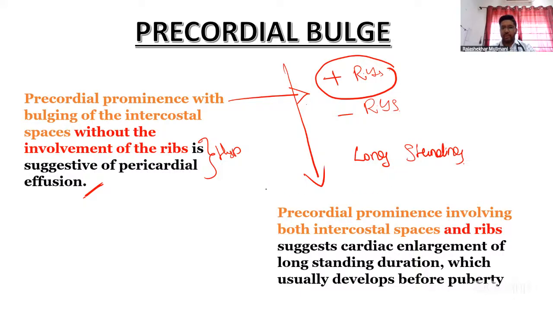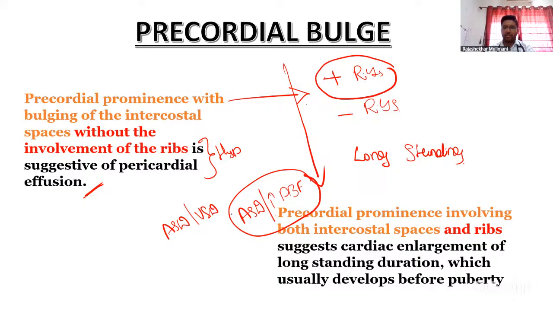And invariably, these patients will have ASD with an increased pulmonary blood flow. So, any adolescent you are examining who has a precordial bulge, you need to suspect either ASD or sometimes even VSD, which is having an underlying biventricular enlargement with an increased pulmonary blood flow.